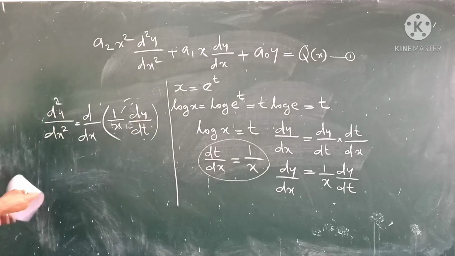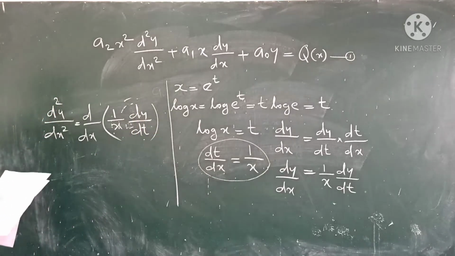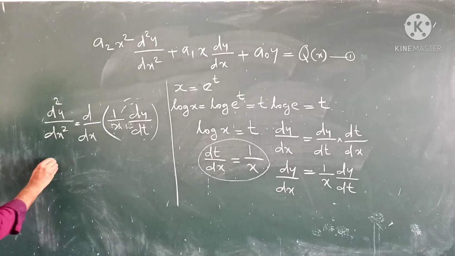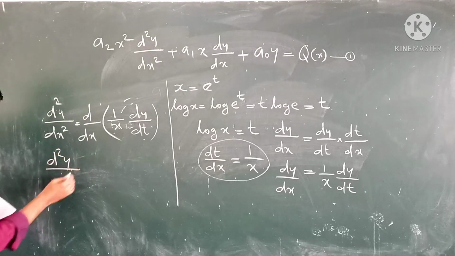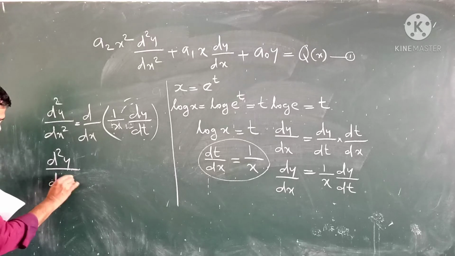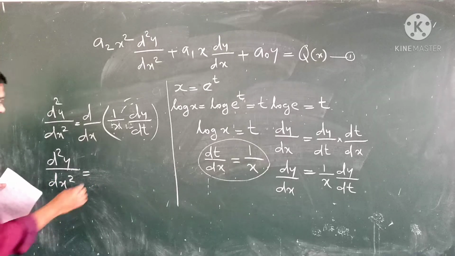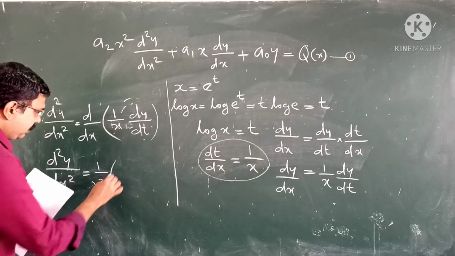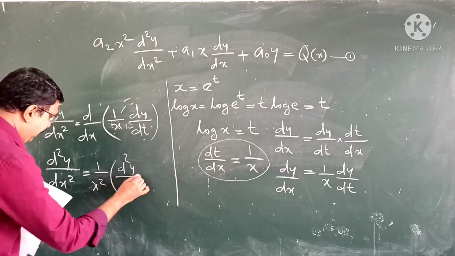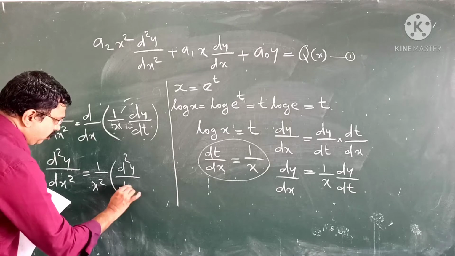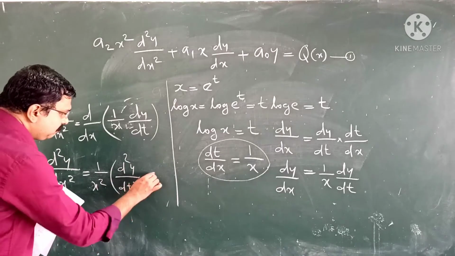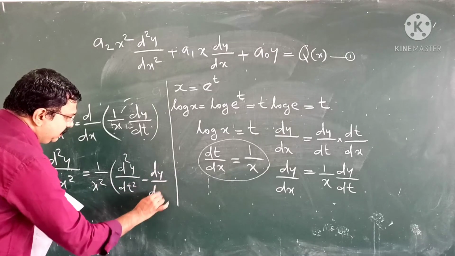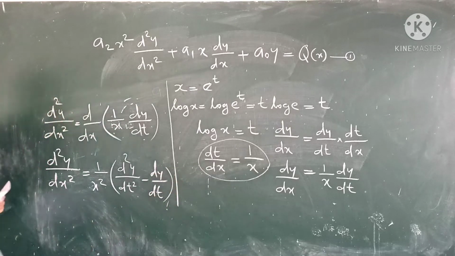When we solve this using the product rule, we get d^2y/dx^2 equal to 1/x^2 into (d^2y/dt^2 minus dy/dt).